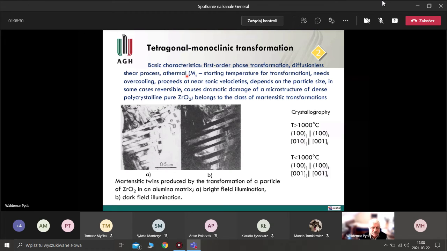When MS is achieved, the transformation goes independently of the temperature. The kinetics of the process do not need thermal activation.